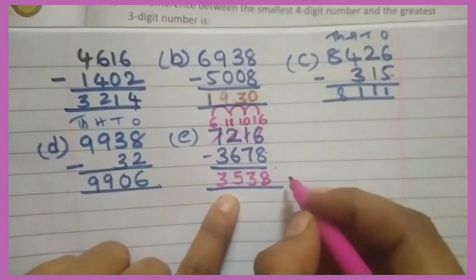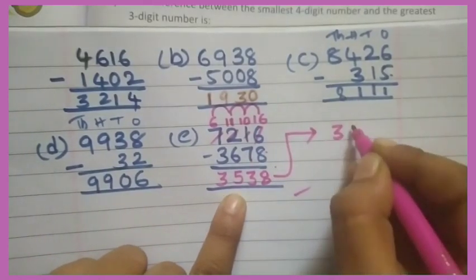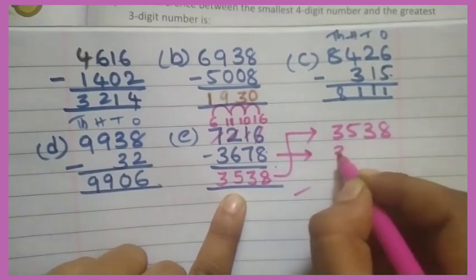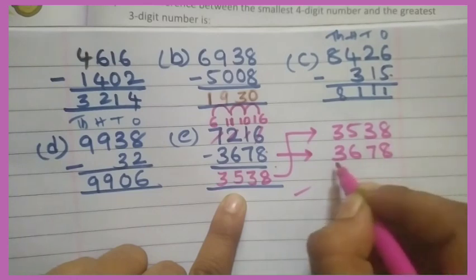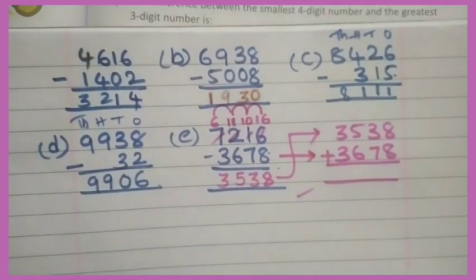Let's see. You have to write difference. What answer you got, you have to write here, 3538. And you have to write here middle number, 3678. Now here we did subtraction. For check we will do addition.